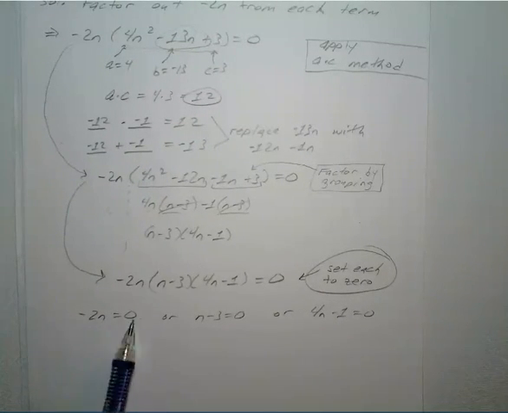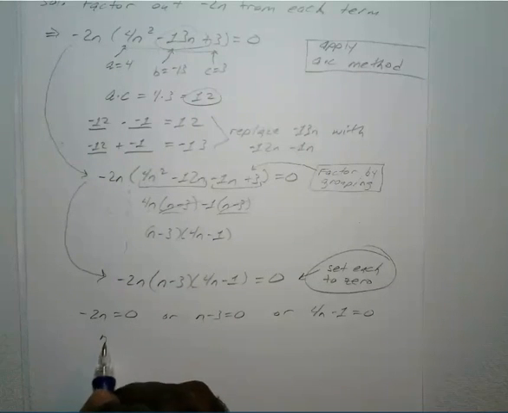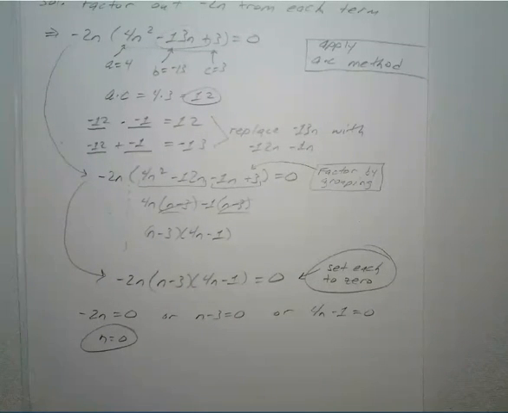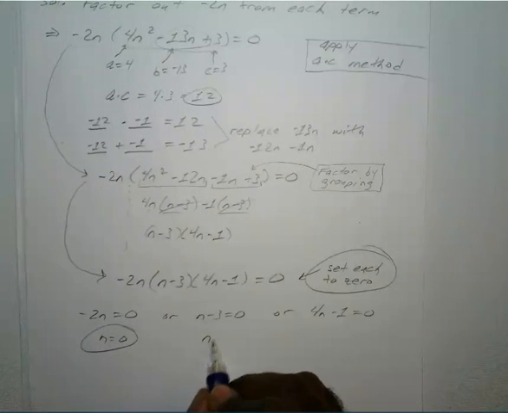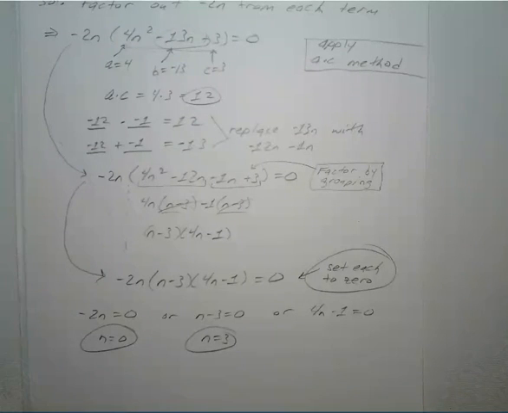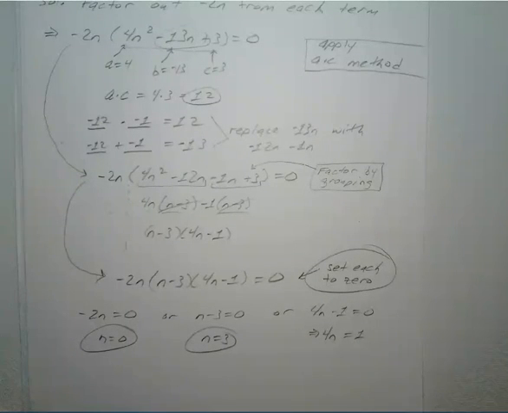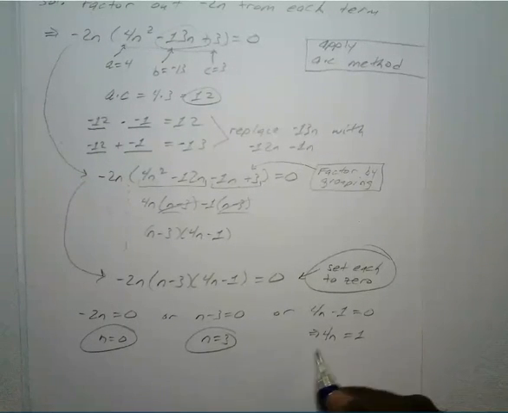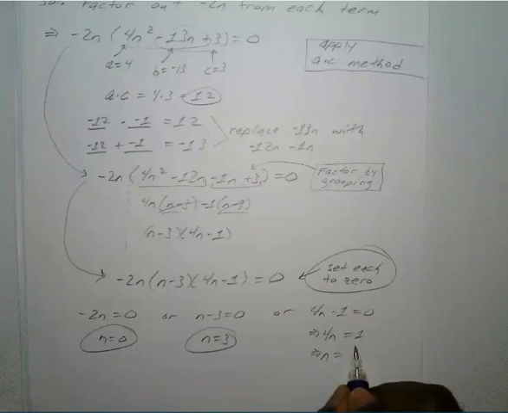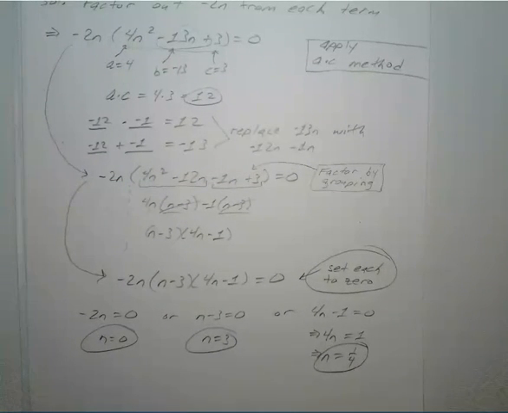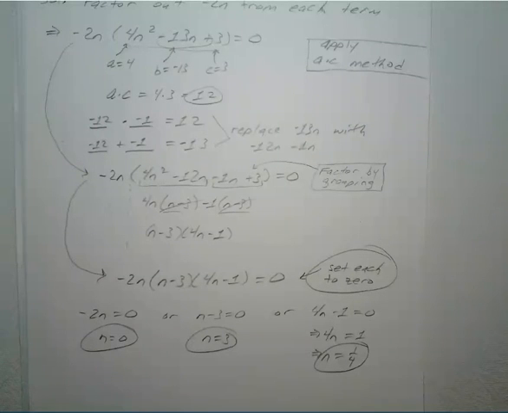If we divide both sides by negative 2 here, we have n equals 0. We add 3 to both sides here, we have n equals 3. This one, if we add 1 to both sides, that gives us 4n equals 1. We divide both sides by 4. We have n equals 1 over 4. Okay, so any one of those would make this true.